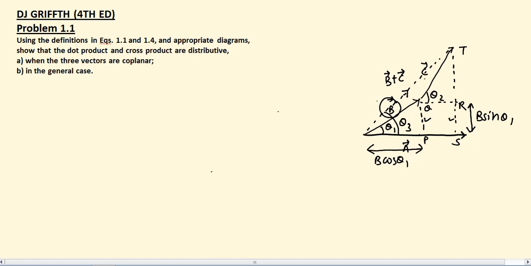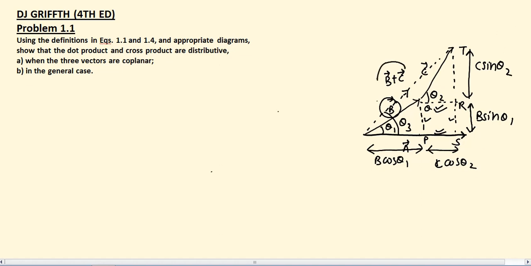Now resolving C vector, we will have this segment equal to C cos theta 2 and this segment equal to C sin theta 2.